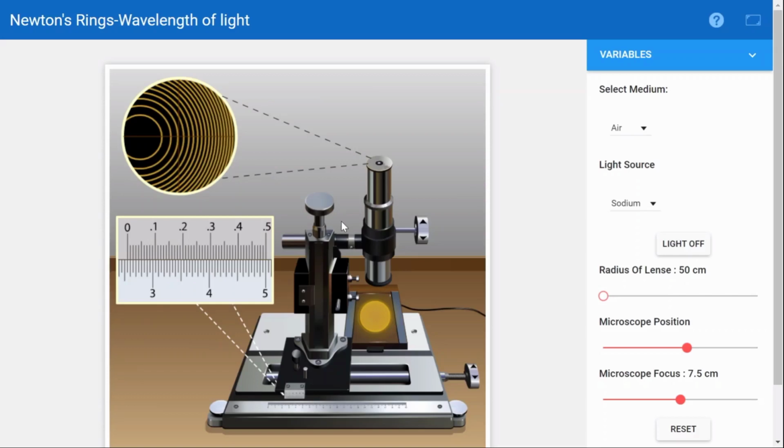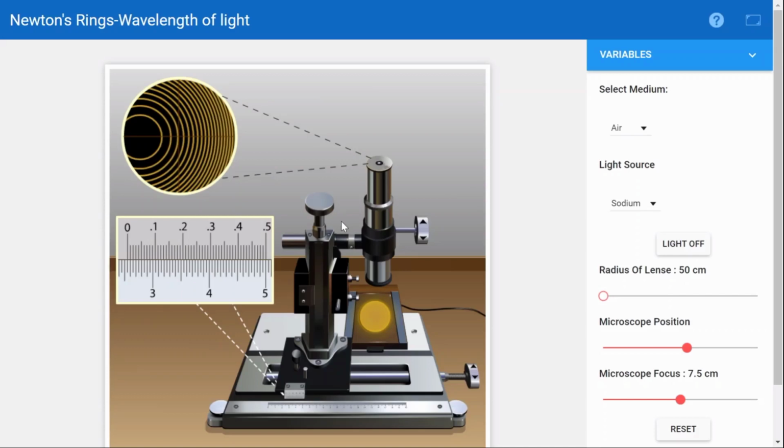In the uppermost part, there is a subtraction of D square. You took D in centimeter, so 1 centimeter is 10⁻² meter, and squared it becomes 10⁻⁴. So you will take 10⁻⁴ in the numerator, and in the denominator you have to write 10⁻² due to this 50 centimeter.